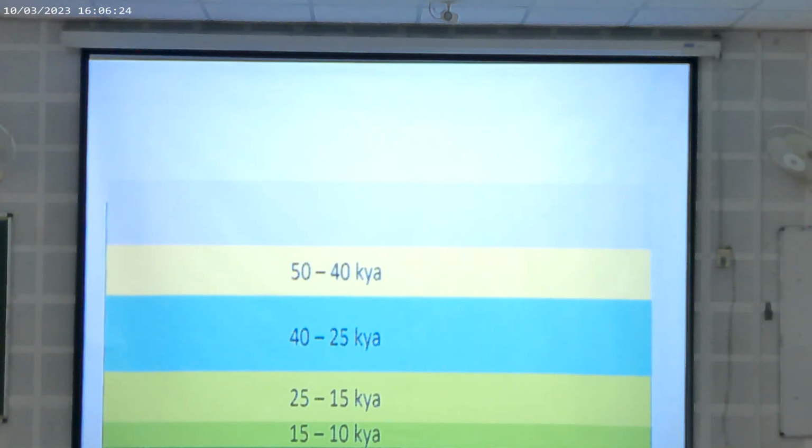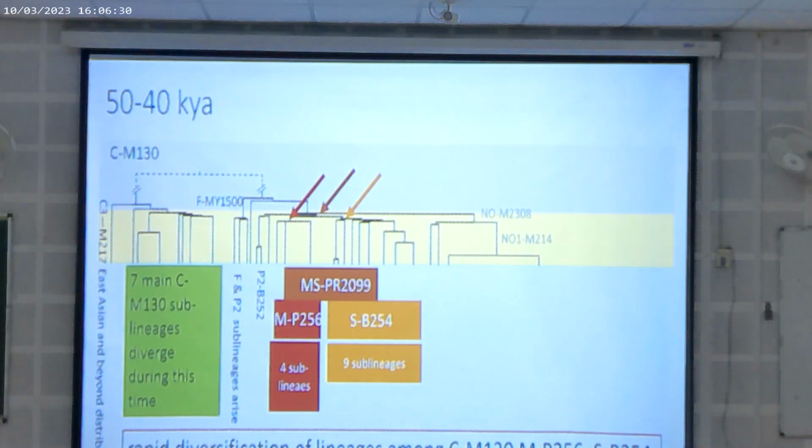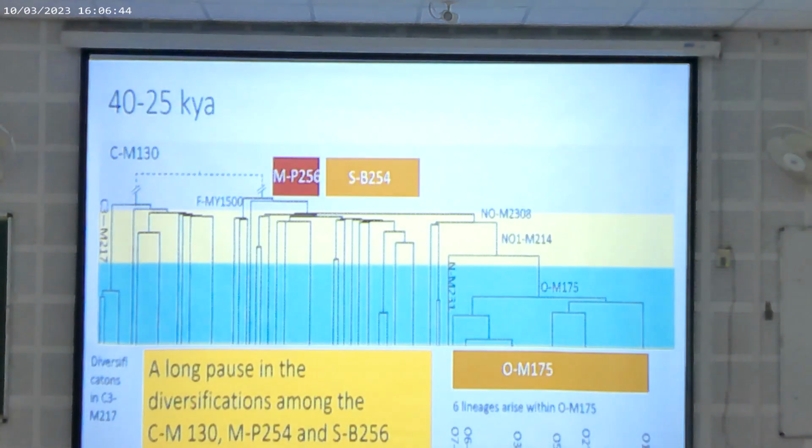And when we look at time slices in this region, I'm going to go through this quickly. Again, we saw that 50 to 40,000 years ago there is a great diversification of lineages, especially among those local autochthonous lineages. But then what we see is a long pause in the diversification. So these would be those lineages; you see these very long sticks there.